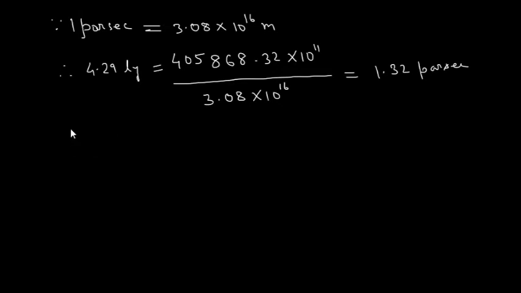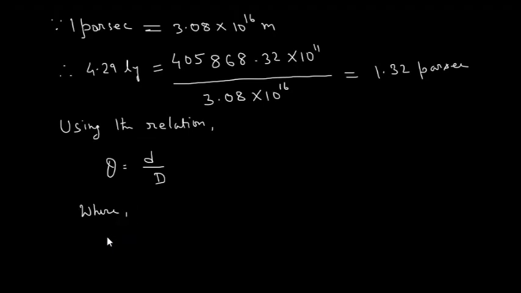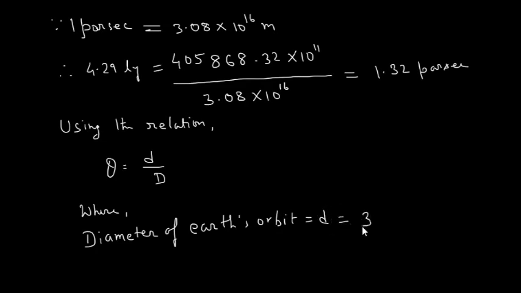Using the relation theta is equal to small d upon capital D, where small d, the diameter of Earth's orbit, is equal to 3 into 10 to the power 11 meter.